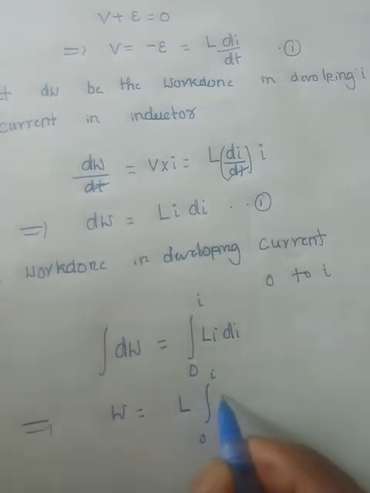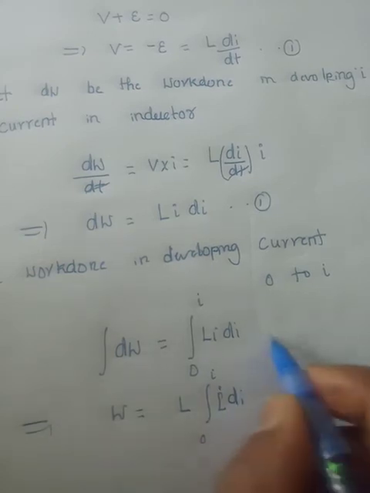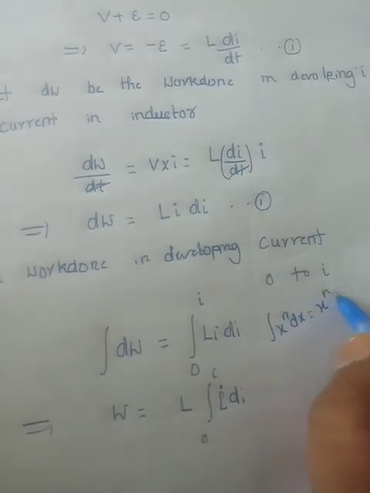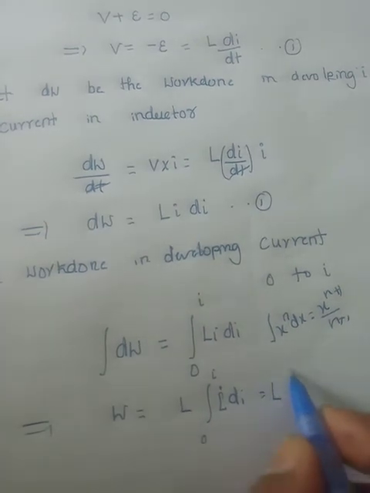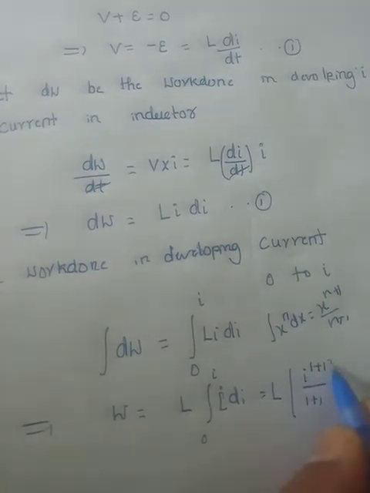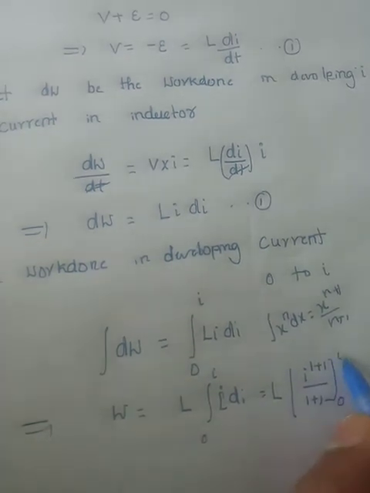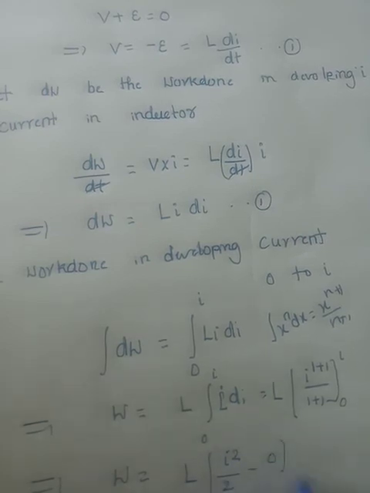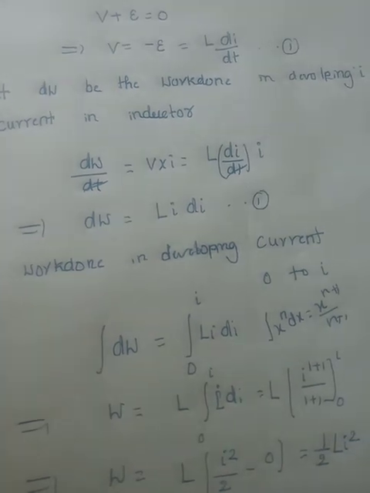What formula can we use? Integration of x power n dx is x power n plus 1 by n plus 1. So we write L into I power 1 plus 1 by 1 plus 1, from 0 to I. Applying the limits, W is equal to I square by 2 minus 0, so W is half L I square.